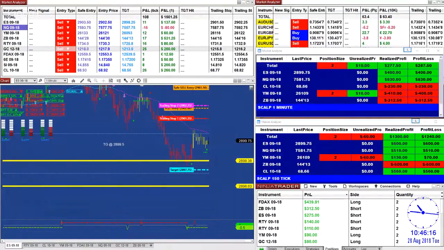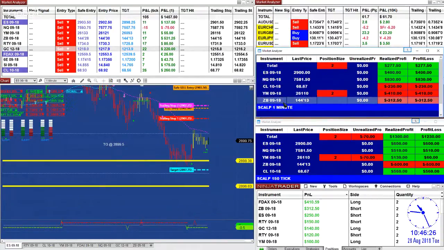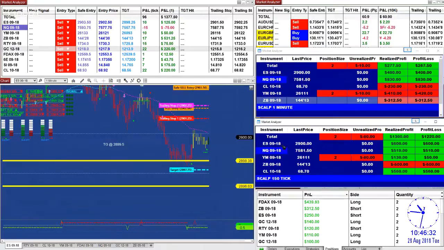We see the scalpers also did go south. The CL right now did go south. The YM is struggling, and the 30-year is struggling. On the 150 ticks, we managed to stay in the green on the ES, and we managed to get green on the Nasdaq.